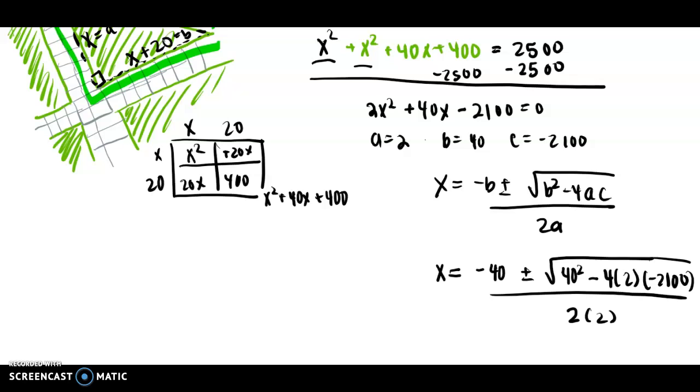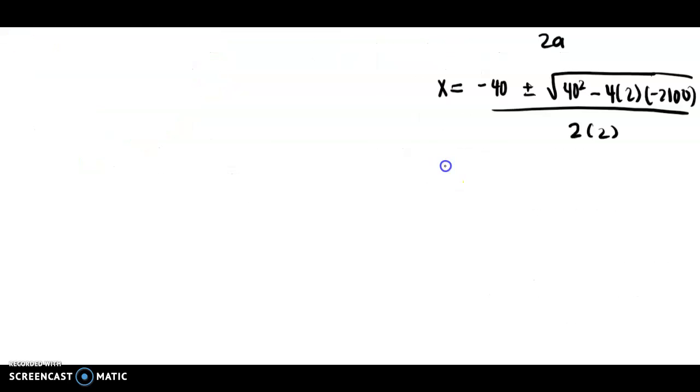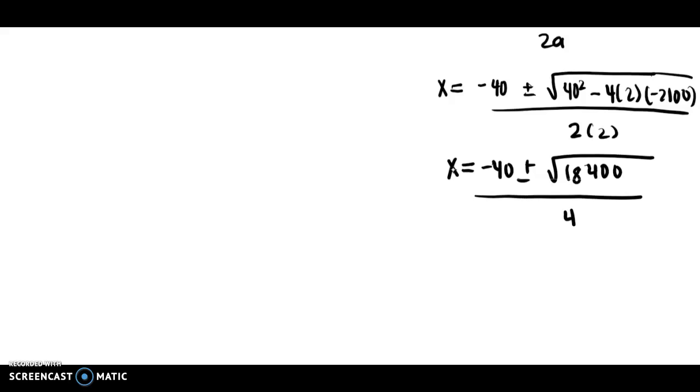Then I'm going to plug what's inside the radical into my calculator. I get 18,400 all over 4. In this case, we're going to take the square root of that and see if we get a perfect square.